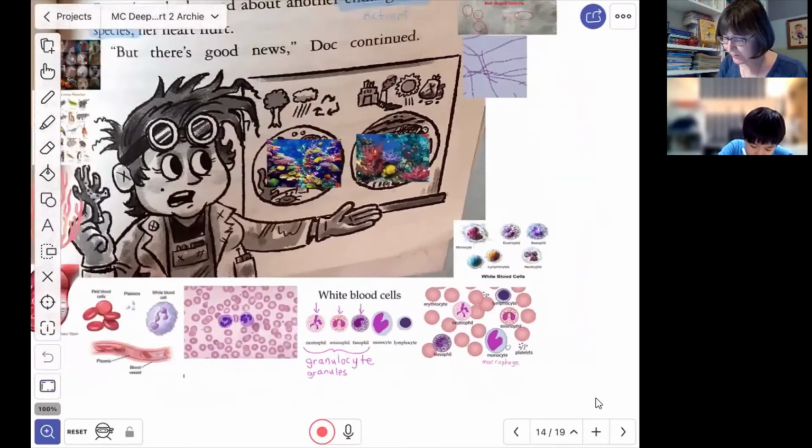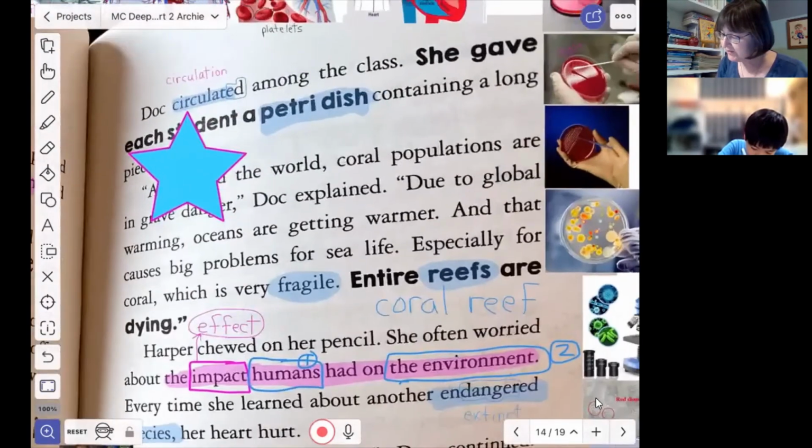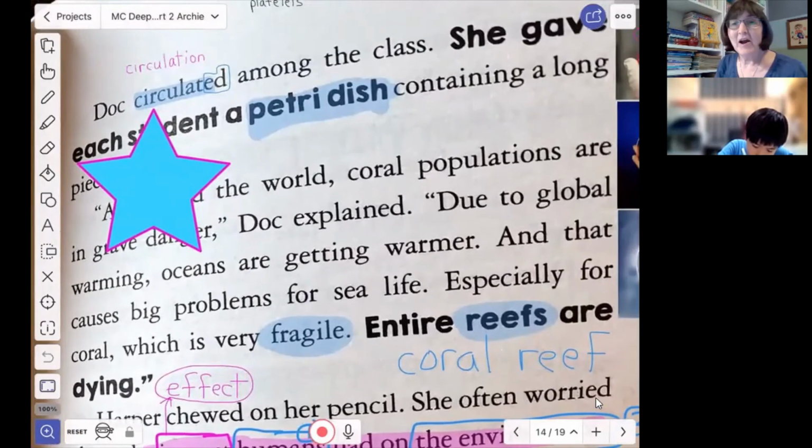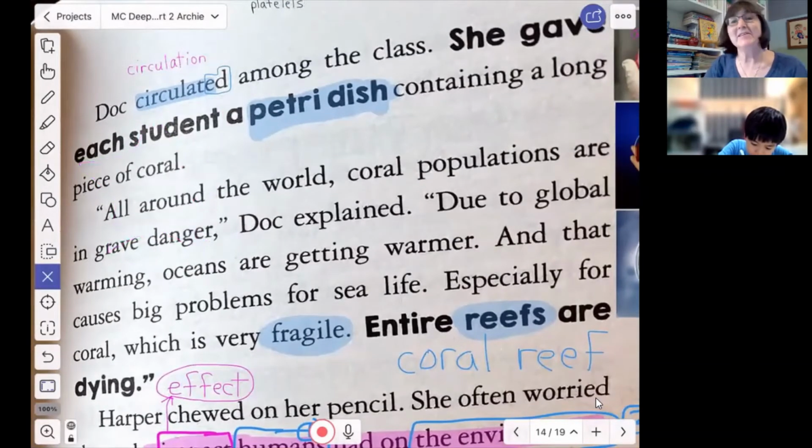All right, so those were just some things about the circulatory system that I thought was interesting after our conversation yesterday. But now we're going to go back into deep dive and find our 5 characters in the science lab. And we need to remember that Harper is not with her friends, because each person needs to have one partner, and we have 5 kids.